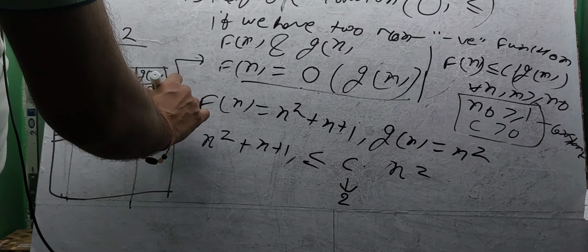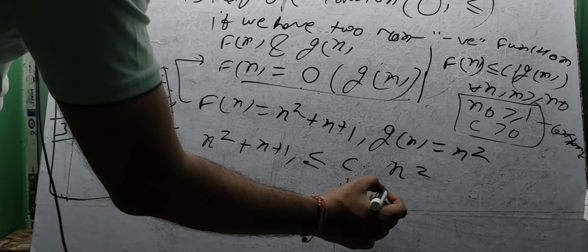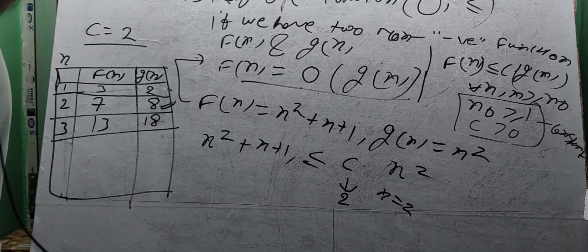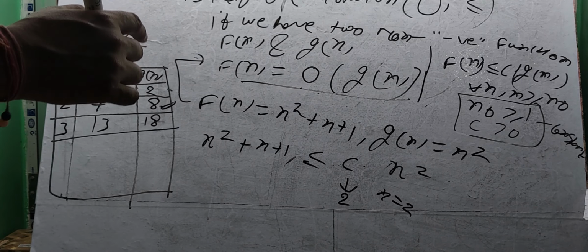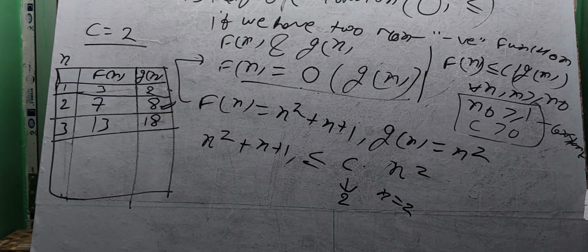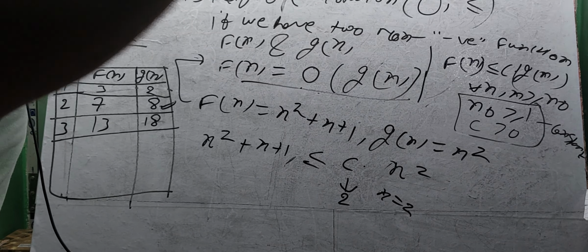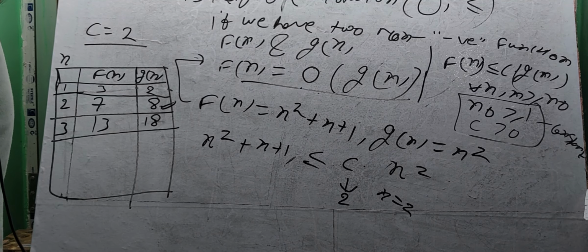So from n equal to 2, all values greater than 2, if we put in this example and we take c as 2, then g of n will be greater than f of n. So this way we prove that if we take c as 2 and n naught greater than or equal to 2, then we make the right hand side greater than the left hand side.